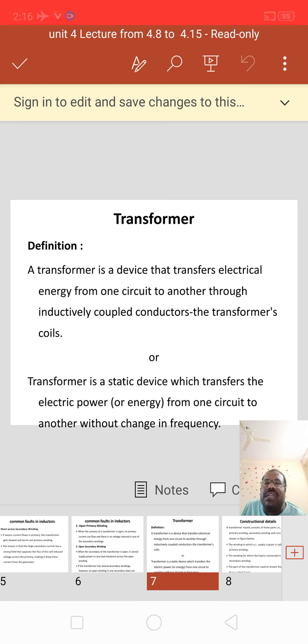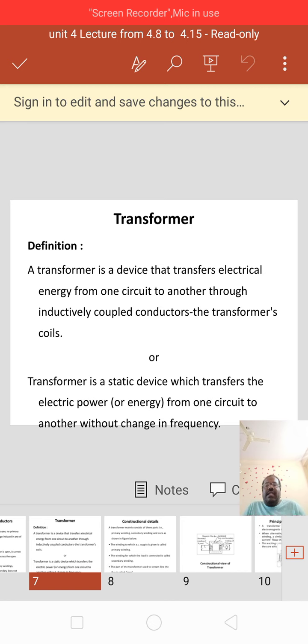A transformer is a static device which transfers the electric power or energy from one circuit to another without change in frequency.